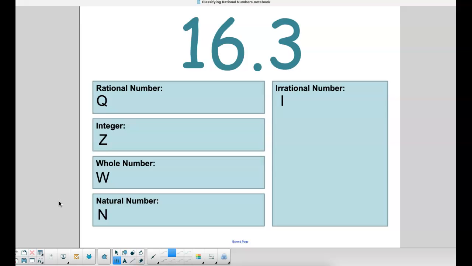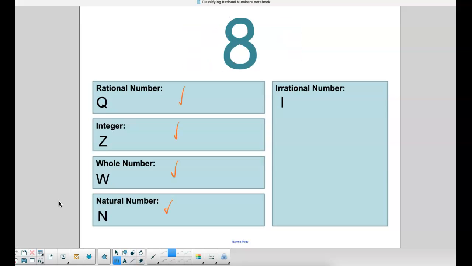You should have only 3 numbers in the natural numbers. If you don't have 3, you don't have enough. You should have 4 in the whole numbers. You should have 6 in the integers. And you should have 12 in the rational numbers.